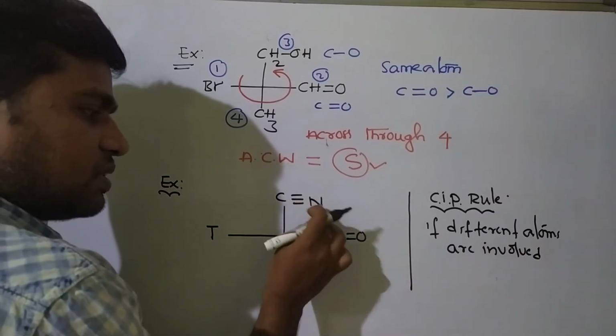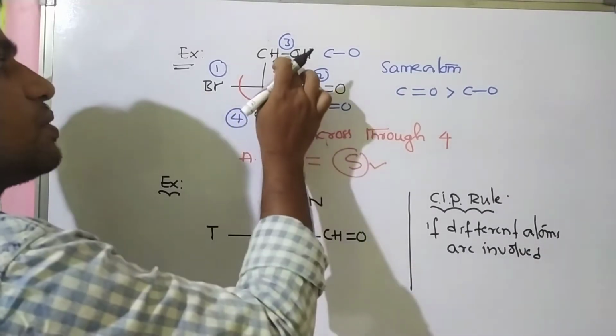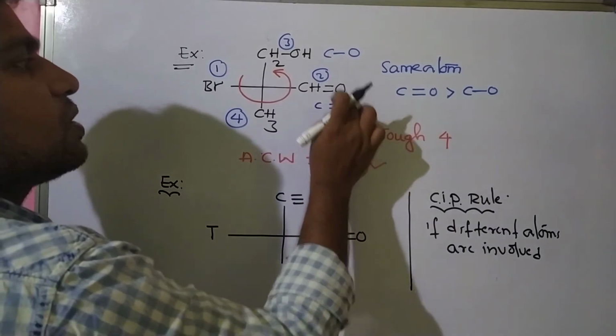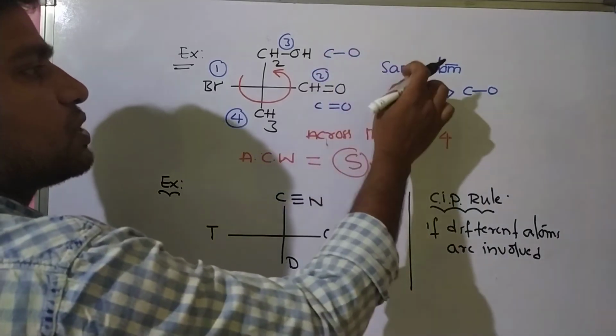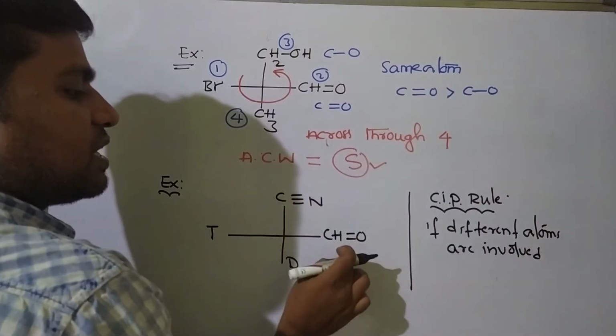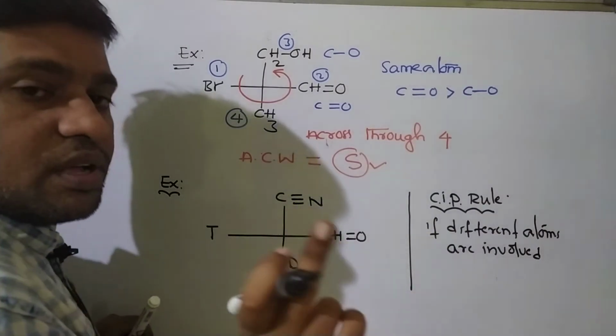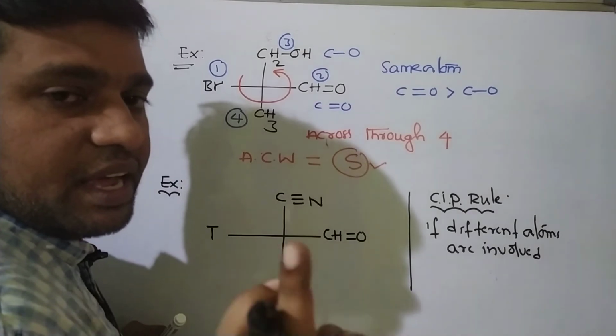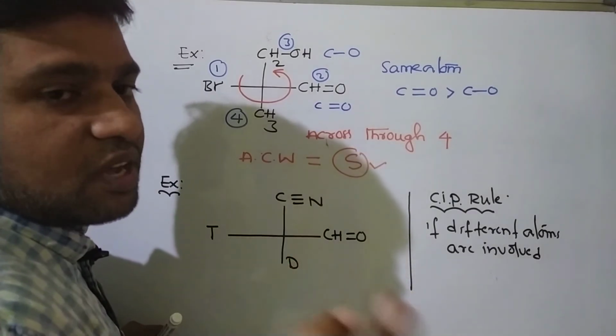Here carbon, nitrogen, but here carbon, oxygen. Come to this, here C double bond O, C single bond O, same atoms. Here the same atoms are involved, but in this case, different atoms are involved. In this case, the priority is given according to the highest atomic number rule.